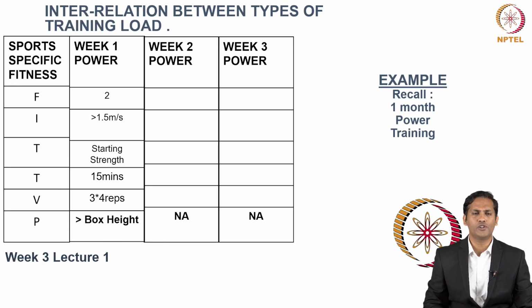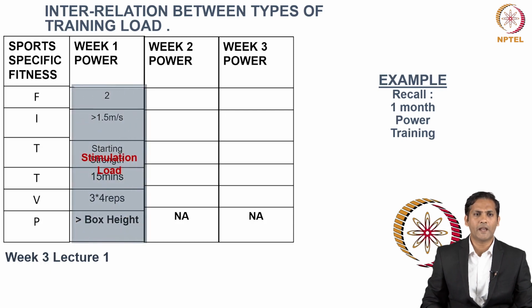I give a stimulation load in week 1, where the stimulation is given by increasing the box height, and when I give stimulation, the body would follow the GAS principle, where there will be a resistance phase, then, giving enough time for recovery, the body will overcome and get a new baseline and have a supercompensation phase. That's what will happen in week 1.